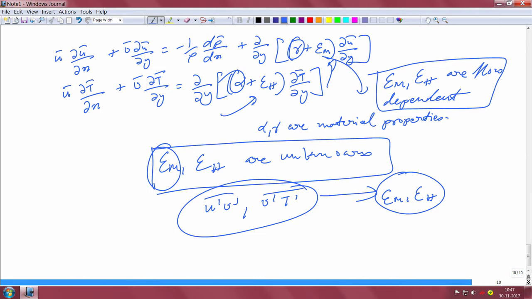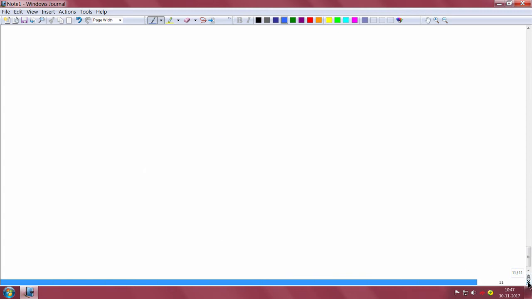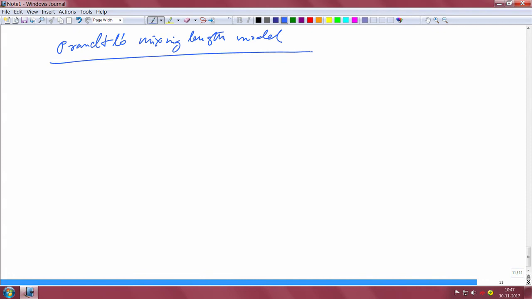So, many of the works actually spend a lot of time doing exactly that. One of them was what we call the Prandtl's mixing length model. There are numerous models, the turbulence literature is full of models actually, right.